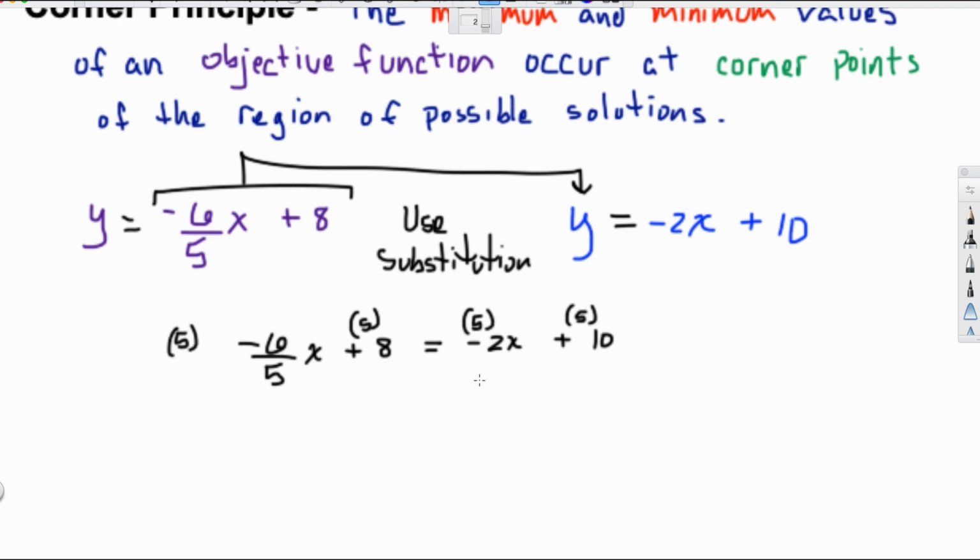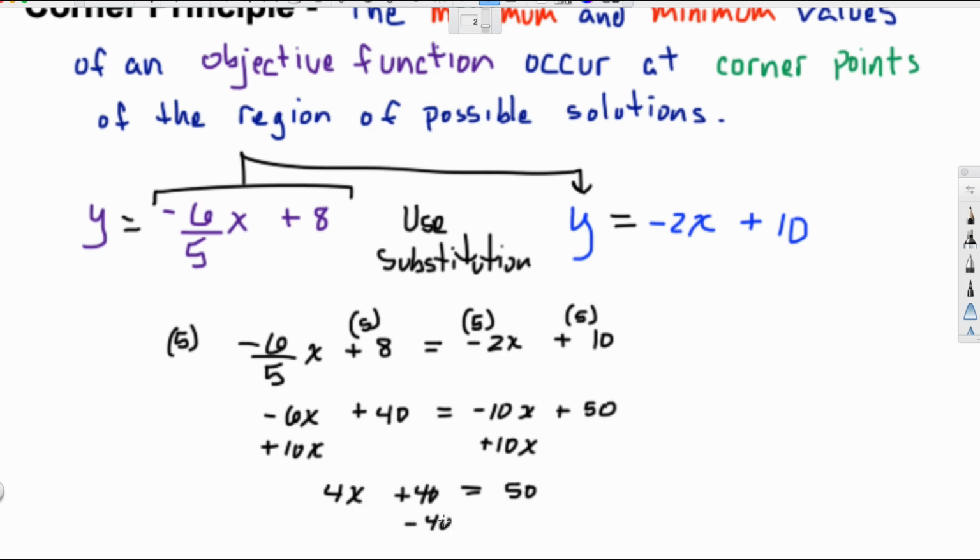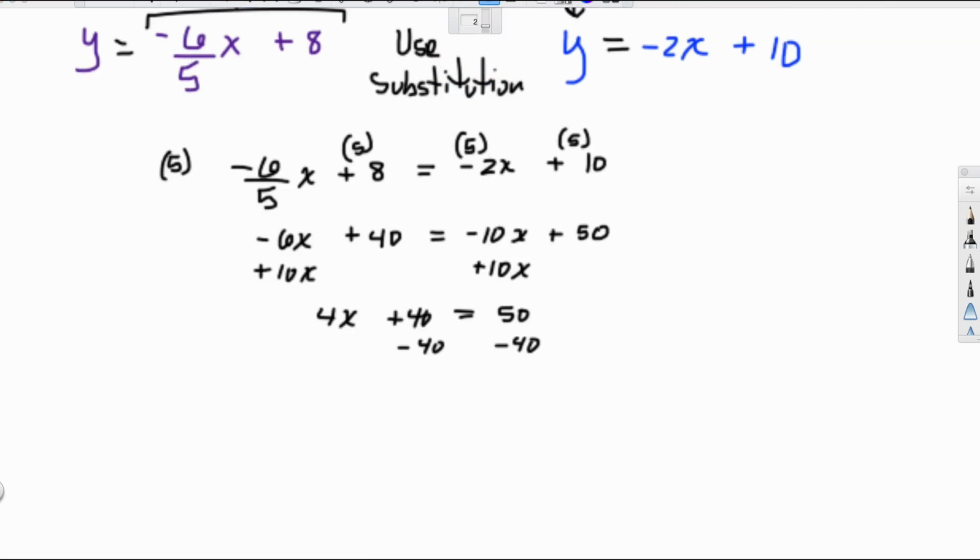And then once we know our x value, we can substitute it back into one of the two equations and get our y value, and then that will really give us a clear understanding of where the intersection is.